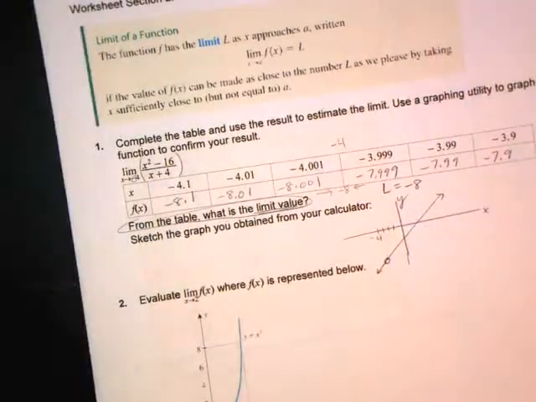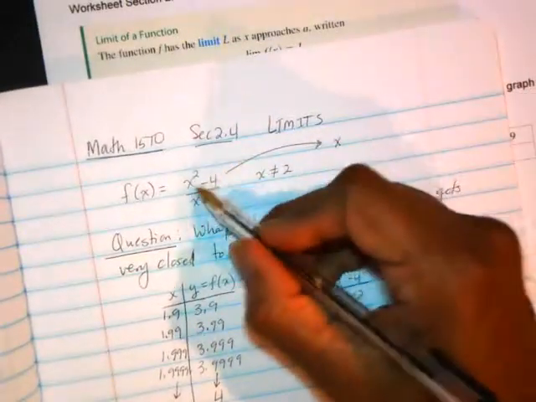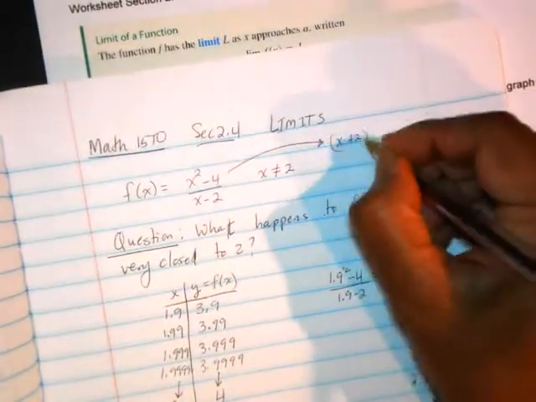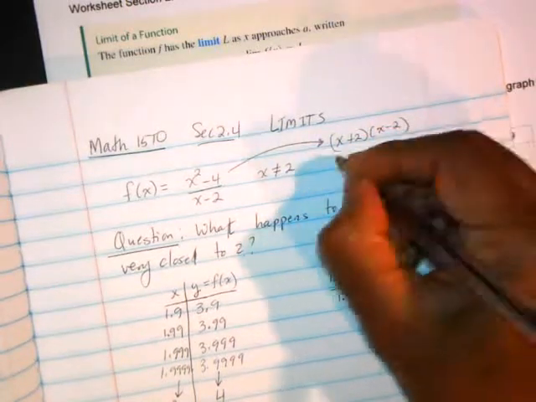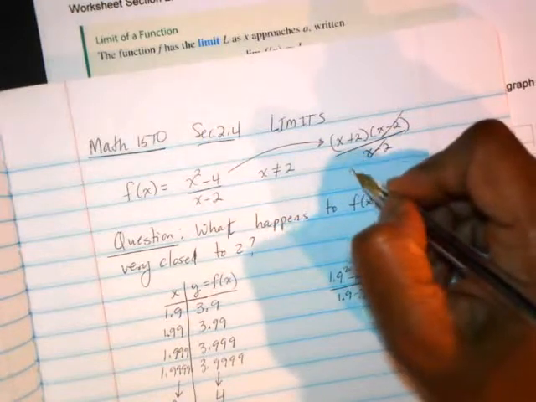That's the graph. Going back to the notes I had earlier, we could have looked into this equation here and checked the graph as well, but something here might have told you that the top factors, the top x squared minus 4 factors as x plus 2 times x minus 2 divided by x minus 2, and these cancel, giving you x plus 2.